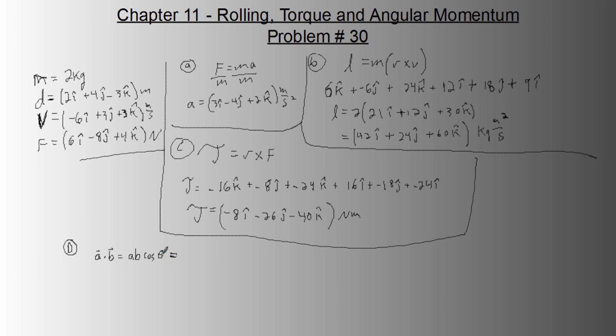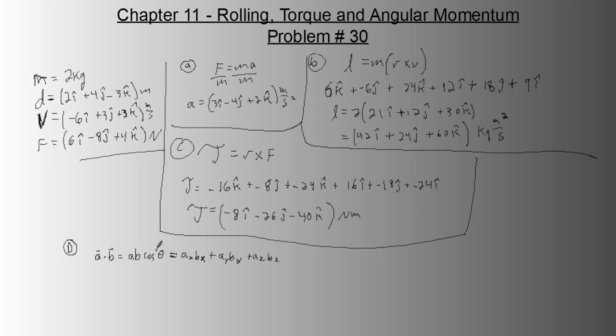Perpendicular, cosine of 90 is 0, so anything perpendicular is 0, so only the parallel terms remain when you distribute the components. So only AxBx remain, and only AyBy remain, and only AzBz remain.